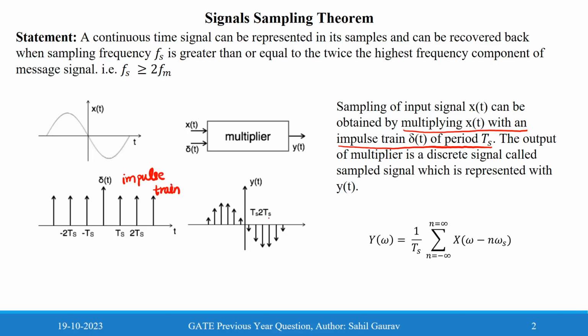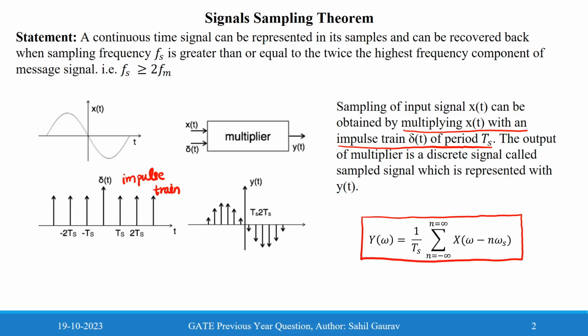Now if we take the Fourier transform of this sampled signal, we get this equation. The output of the sampler is very important: what frequency components are present at the output?